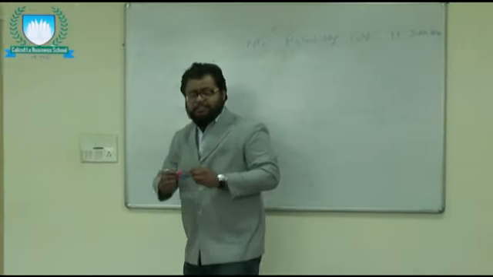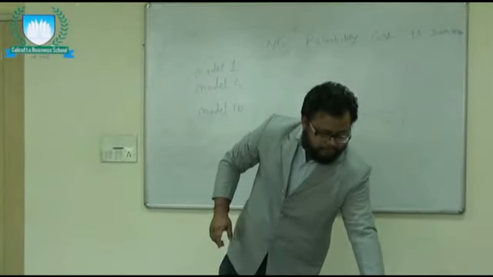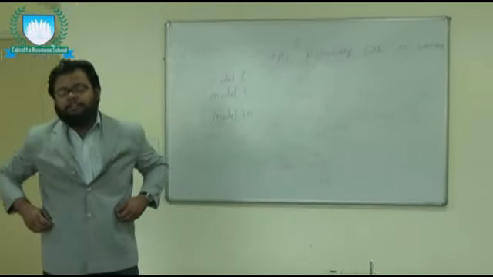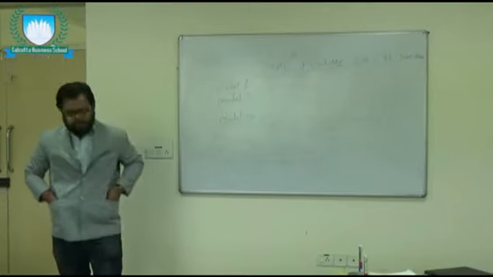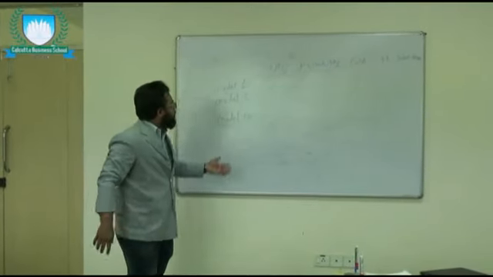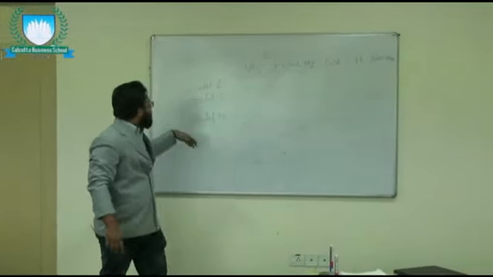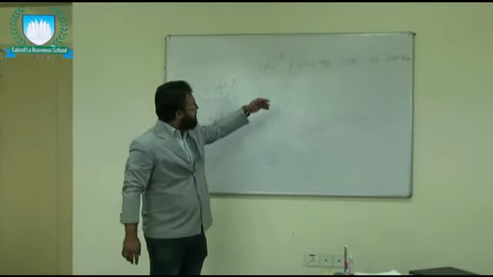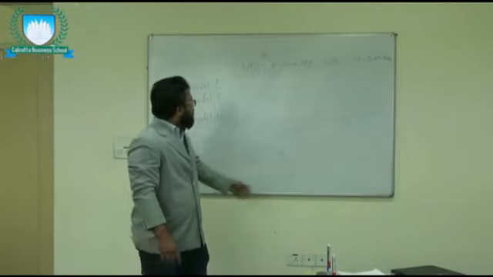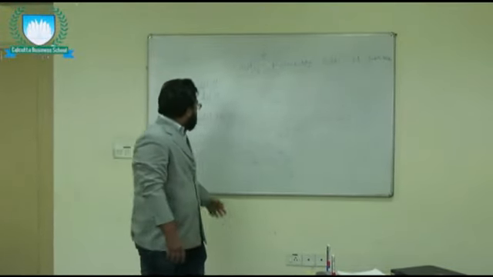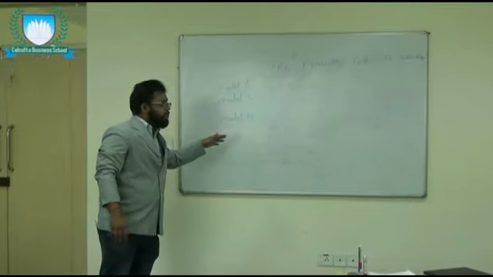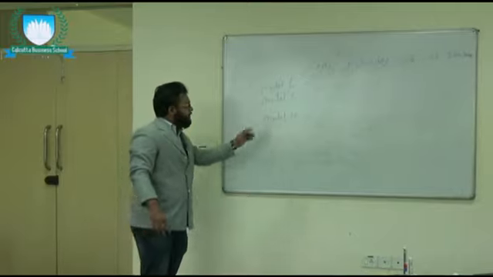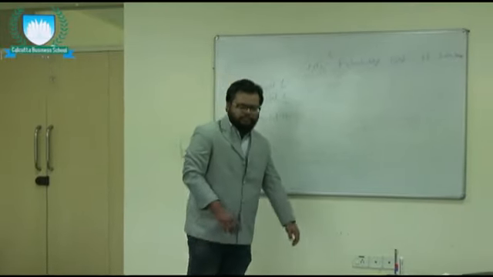Now, the problem is that you may not have a clear-cut choice here. That means you may not have an optimal model which will outperform all other models, the rest 9 models, with respect to each of these 5 attributes or criteria mentioned.